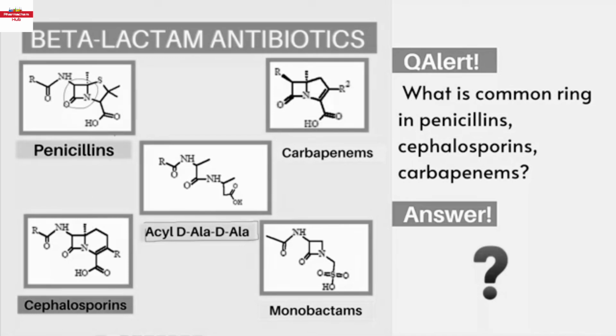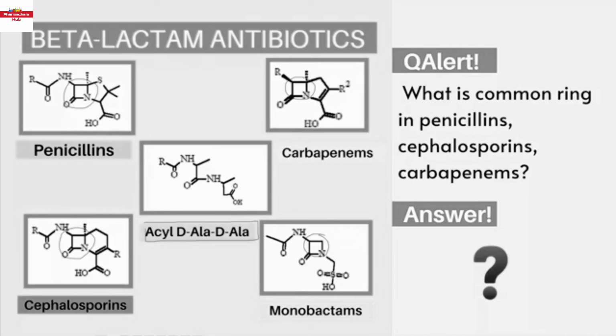You see all these four major classes of beta-lactam antibiotics: penicillins have a beta-lactam, cephalosporins have a beta-lactam, carbapenems have a beta-lactam, and also monobactam has a beta-lactam. So these four major classes of drugs fall under the class called beta-lactam.